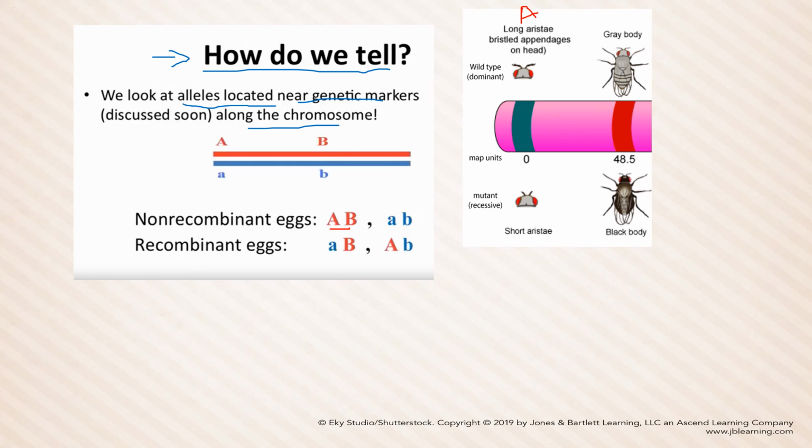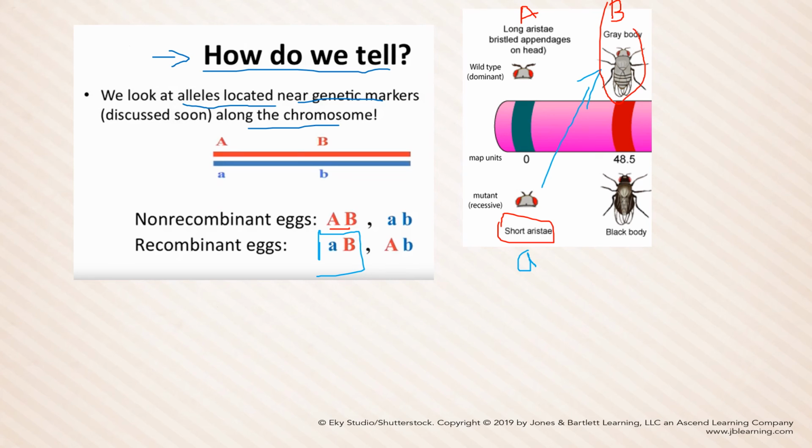But what about when you find that some of them start looking slightly different, and you find some phenotypes that look like this? You have flies that have the short antenna, but also they have gray body.